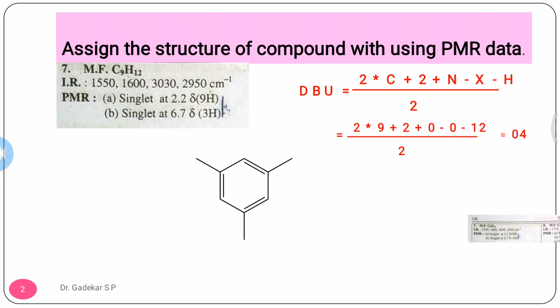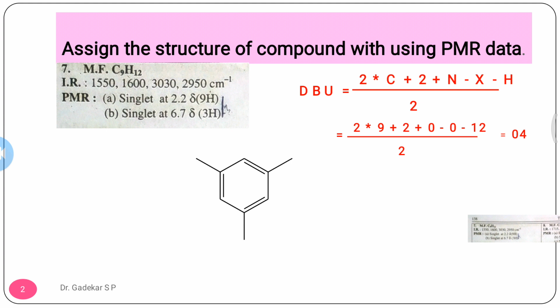So first, calculate the DBU, the double bond unsaturation. What is the formula for double bond unsaturation? DBU is equal to 2 times C, carbon, plus 2, plus nitrogen, minus halogen, minus hydrogen, divided by 2.